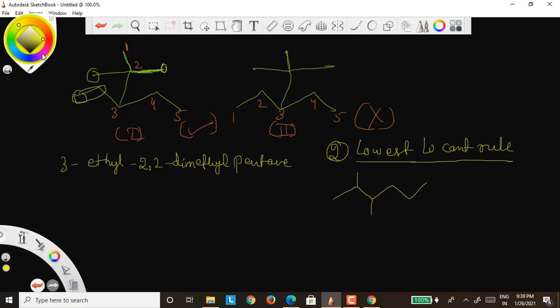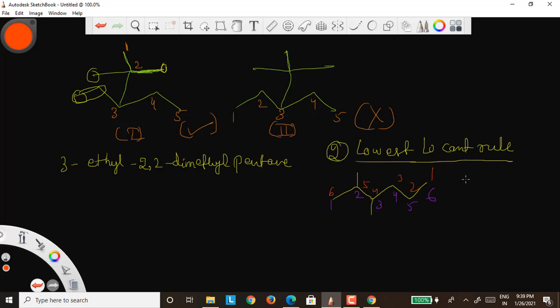Okay. So suppose you are numbering from left to right, 1, 2, 3, 4, 5, 6. Suppose you are numbering from right to left, 1, 2, 3, 4, 5, 6. So both are longest chain. Now you can take the substituent numbers and add.